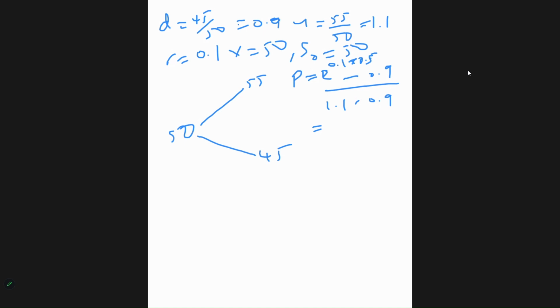Yeah, I hope you are correct. 0.7564. Yeah, let us use that, which means 1 minus P is 0.2436.